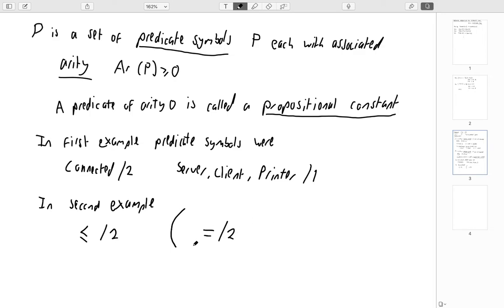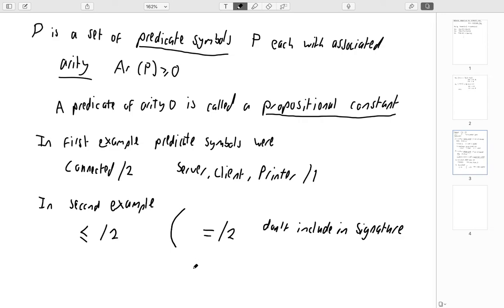So we don't include it in the signature. So it is a logical symbol. It is a predicate symbol of arity 2, but it's a logical symbol. It's part of logic. It will always be available to us.